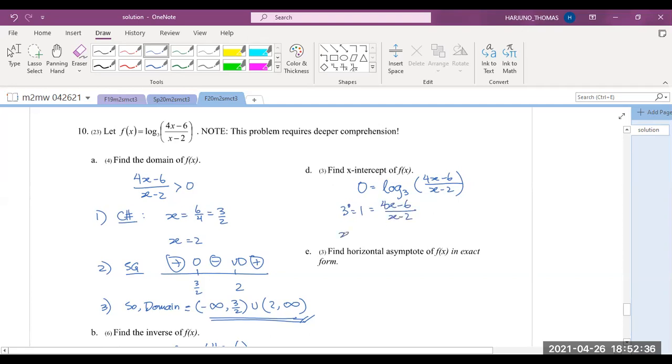Which means x minus 2 equals 4x minus 6. 4 equals 3x, x is 4 over 3. So the x-intercept will be (4 over 3, 0).